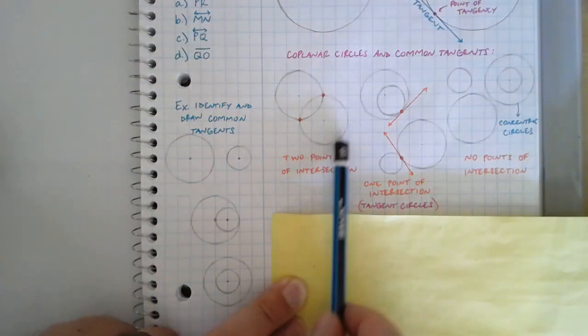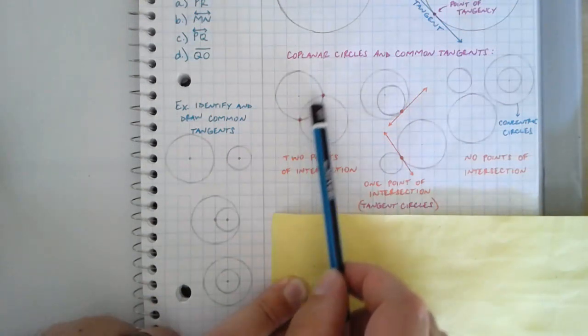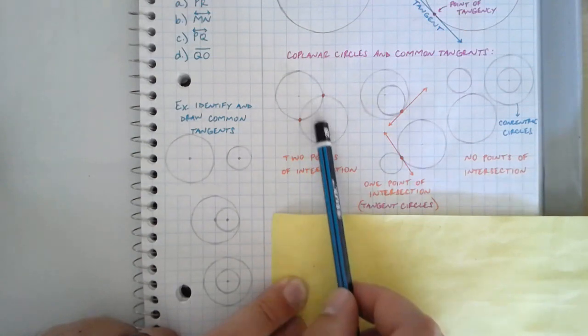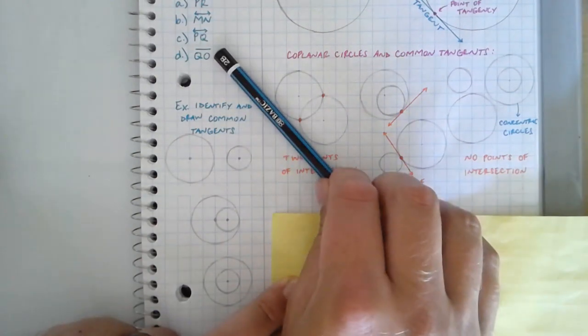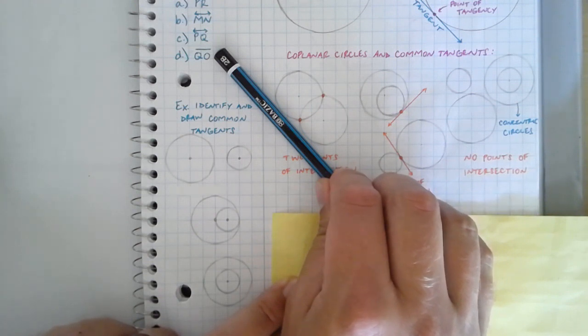In this first example where I have the Venn diagram, when I have two intersection points, there are going to be exactly two common tangents. And in this case, if I were to set this on a table like this, there's one of the common tangents. It's just one that attaches to both on the bottom, kind of like tracks on a tank or something like that, all right?